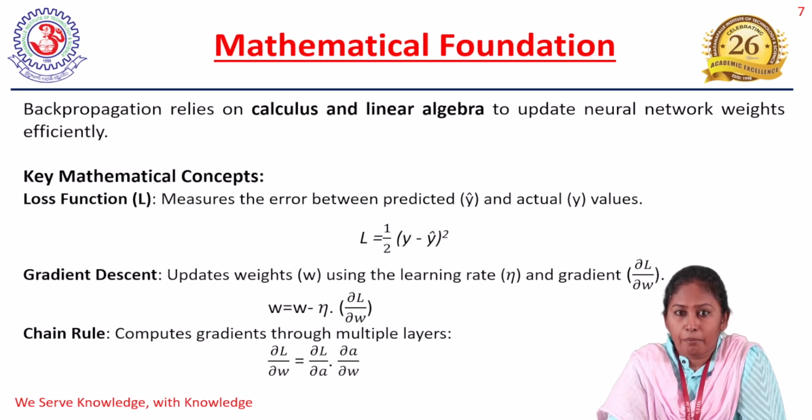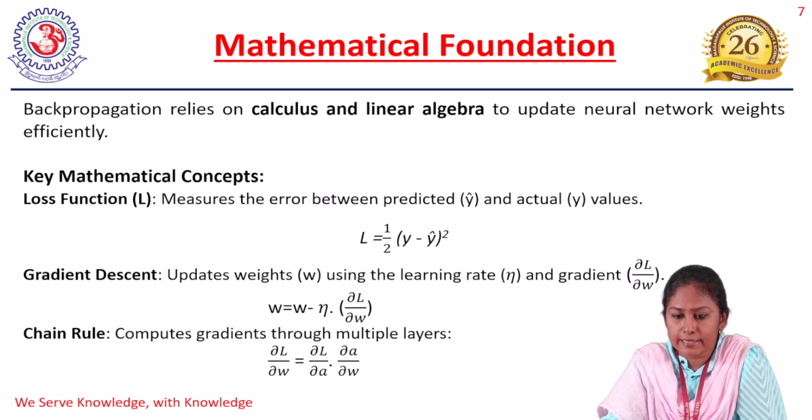Now coming to the most important part, the mathematical foundation, and the terms we are going to use here. Mainly, we'll be using calculus and linear algebra to update the neural network weights. Okay, so the first formula we are going to use is the loss function. Once, at the end of the forward pass, we calculate the error, right? For that, we'll be using this loss function. In the upcoming slides, we will see different types of these error measurements also.